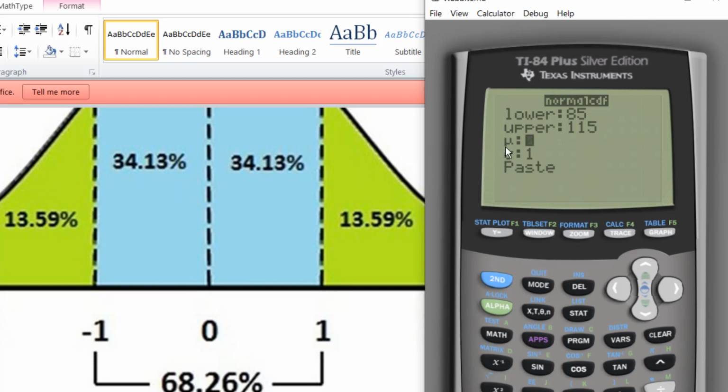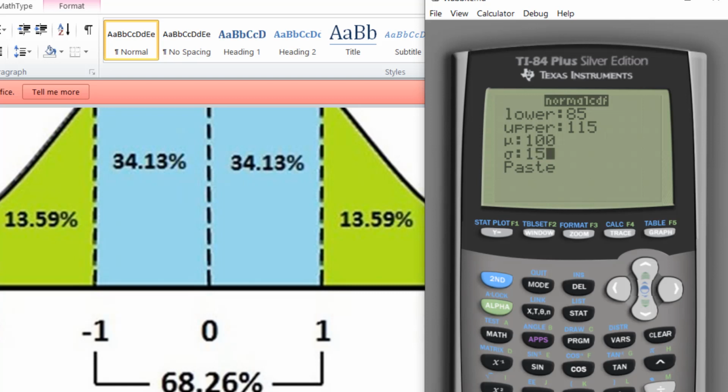That's this mu here. I used X bar for the symbol for the mean. You can also use mu, which looks like a U. So it's 100. And the standard deviation, again, if you're using the standard format, will always be 1. But in my case, it's going to be 15.